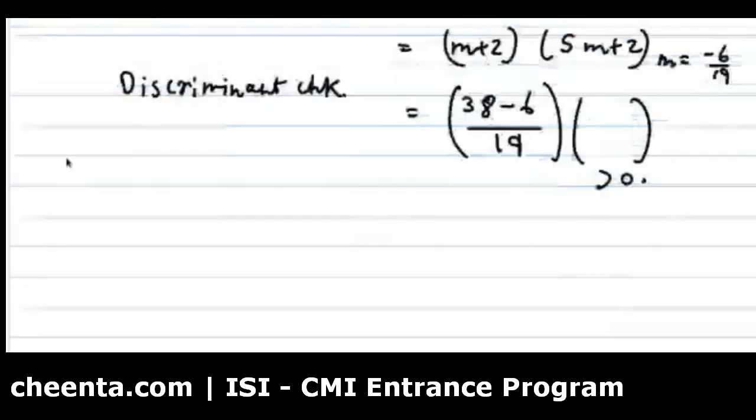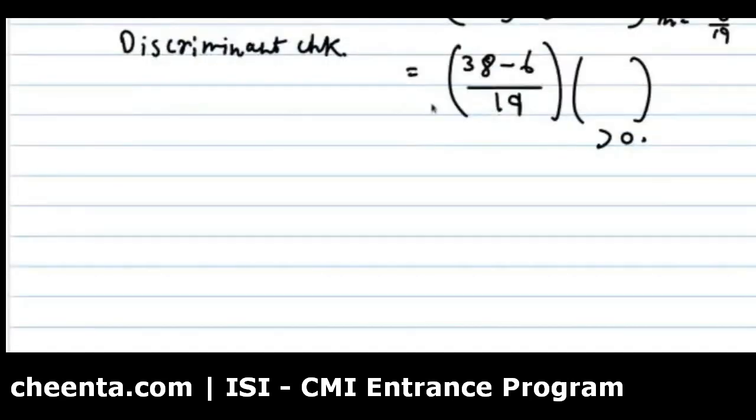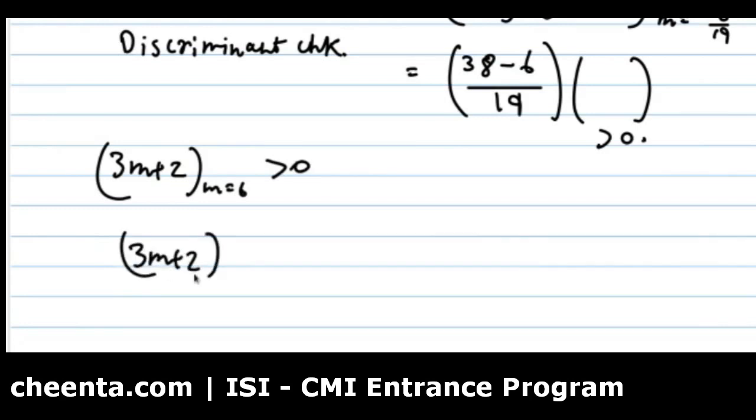So now we have to check 3m plus 2. So again, for 6, it is pretty trivial, greater than 0. And 3m again for this thing also is minus 18 by 19 plus 2.